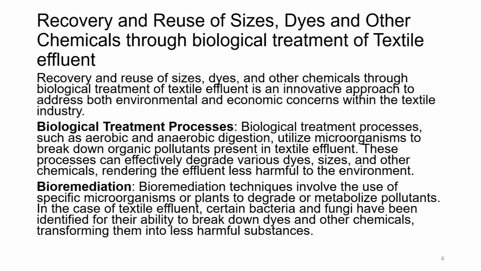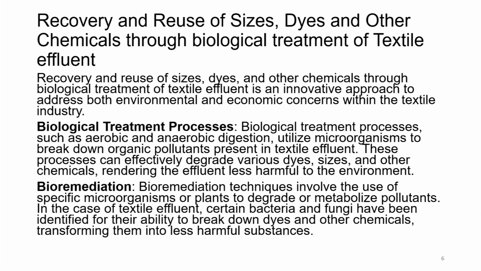Biological treatment processes. Biological treatment processes such as aerobic and anaerobic digestion utilize microorganisms to break down organic pollutants present in the textile effluent. These processes can effectively degrade various dyes, sizes and other chemicals, rendering the effluent less harmful to the environment.